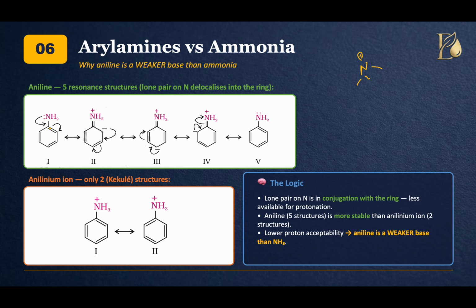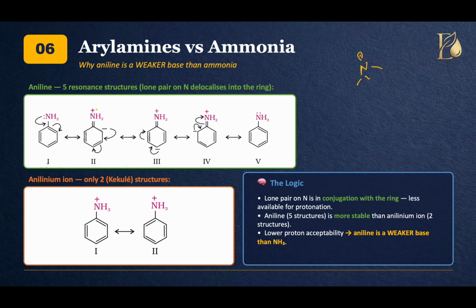As a result, a carbon-carbon bond is shifted to the ortho position and a carbon-nitrogen double bond is formed, and due to the donation of electrons, the nitrogen atom will get a positive charge. Because of this movement of electrons, a negative charge appears at the ortho position of the ring. In the second structure, the negative charge is present at the ortho position of the ring, while nitrogen acquires a positive charge because it has donated its lone pair to the ring, right?